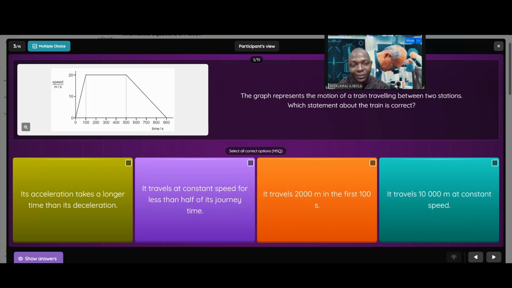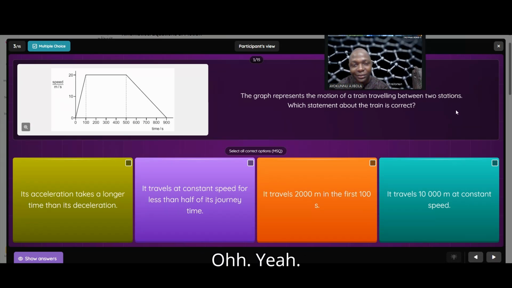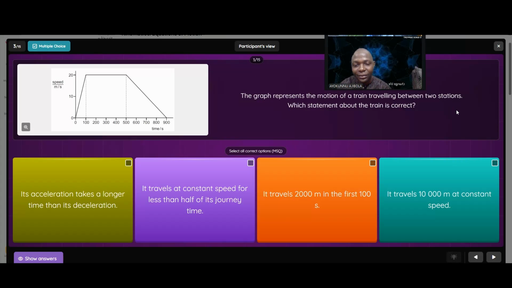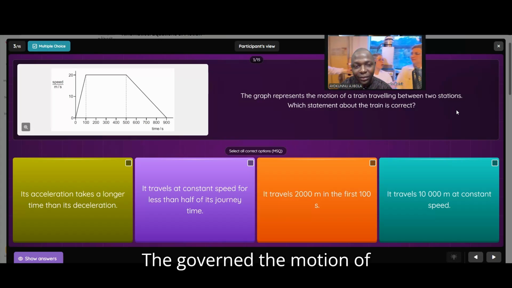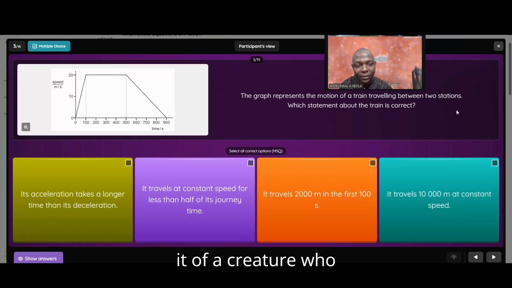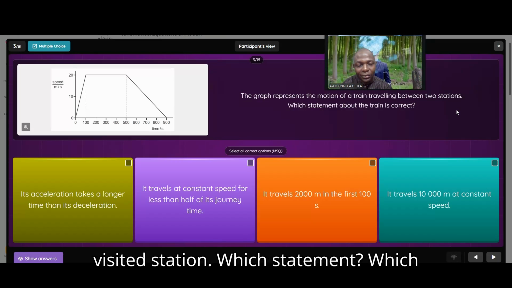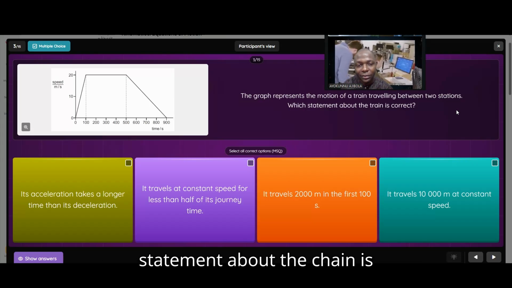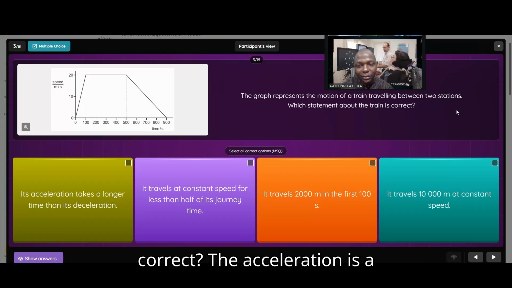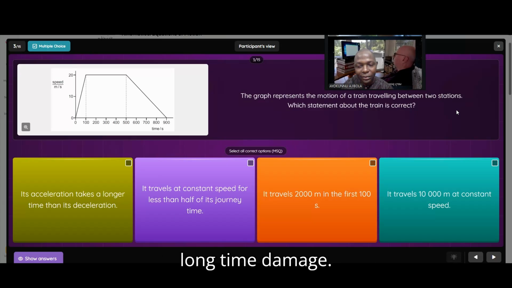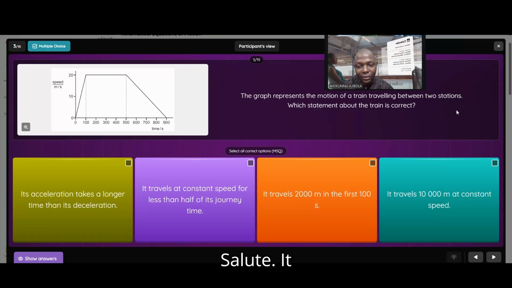The graph represents the motion of a train traveling between two stations. Which statement about the train is correct?